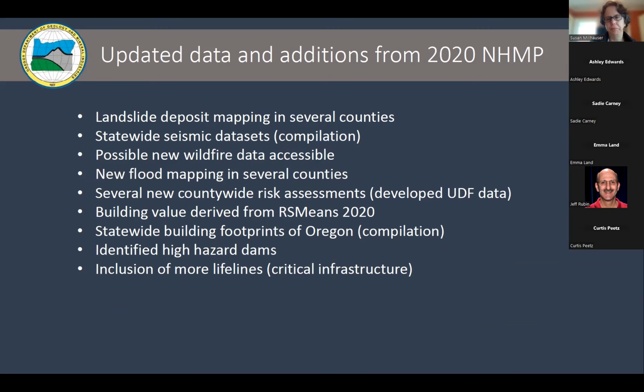Sorry. We have new updated replacement cost information, which is what RS means. We can estimate replacement cost that's more in line with our current replacement costs, as opposed to using something that was five to seven years old or so.